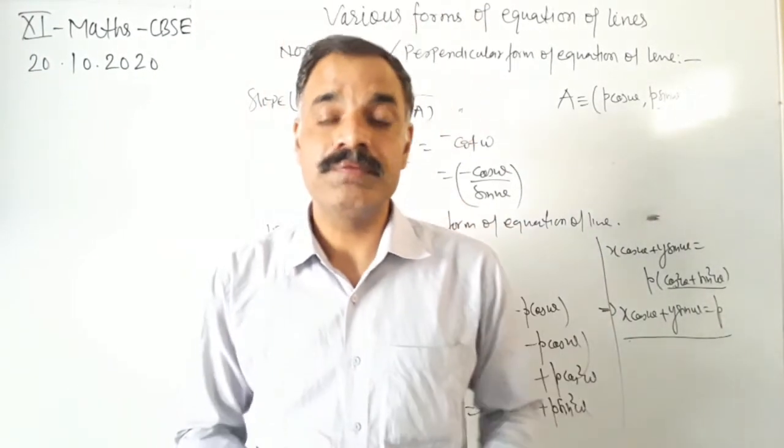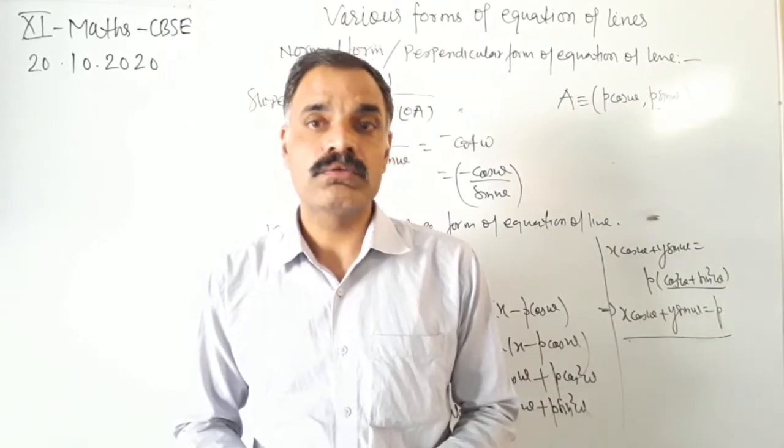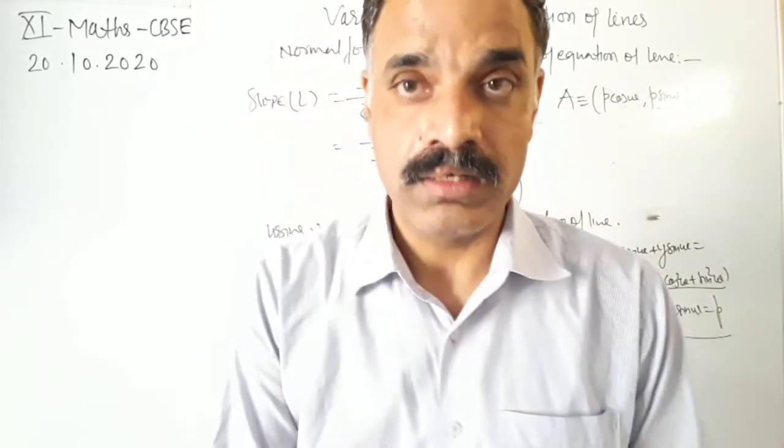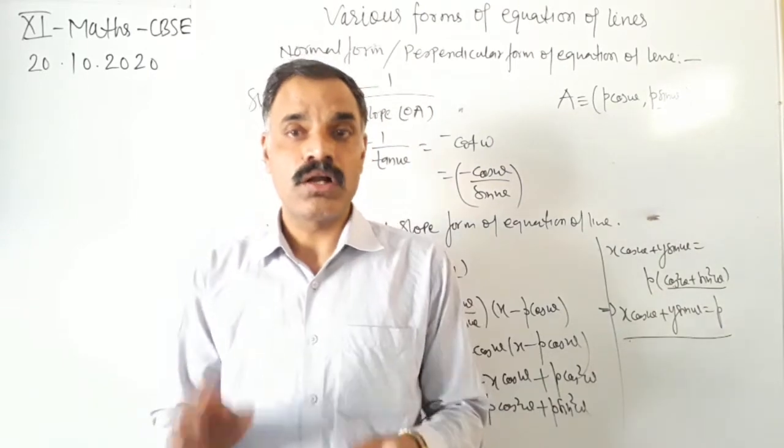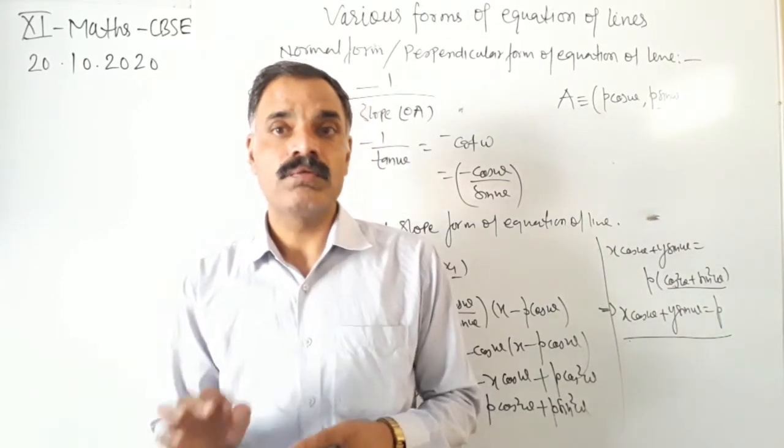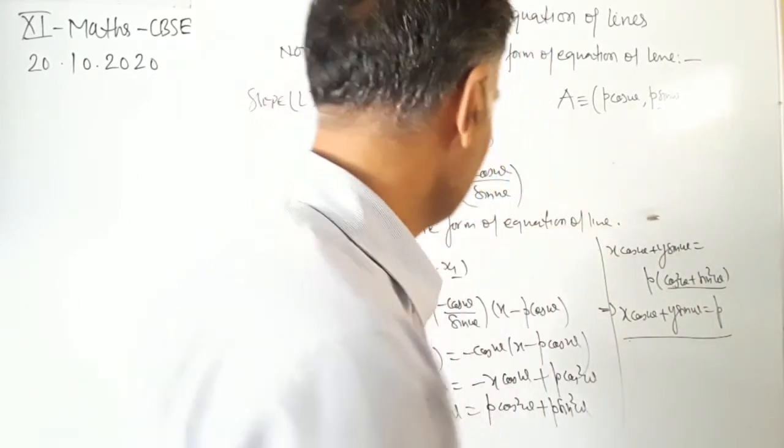Now we have been left with one more form of the equation of line, that is slope intercept form of the equation of the line.